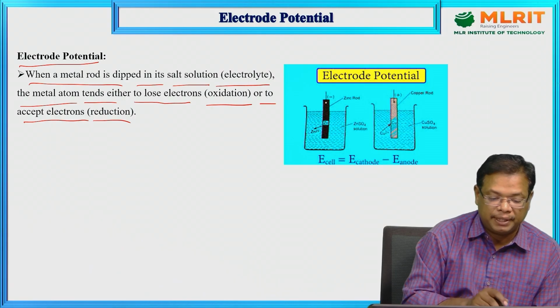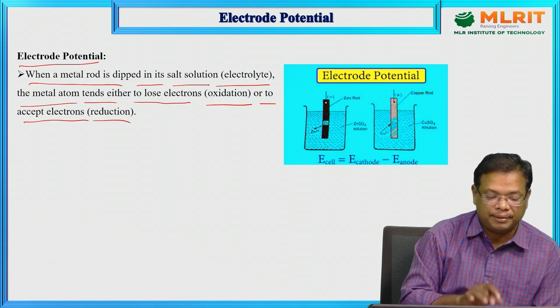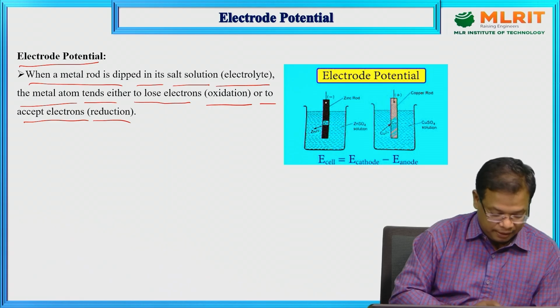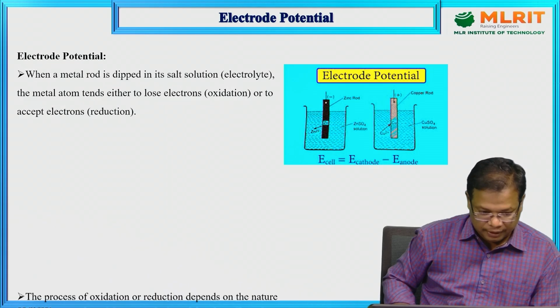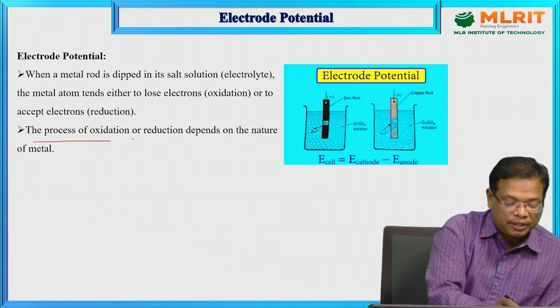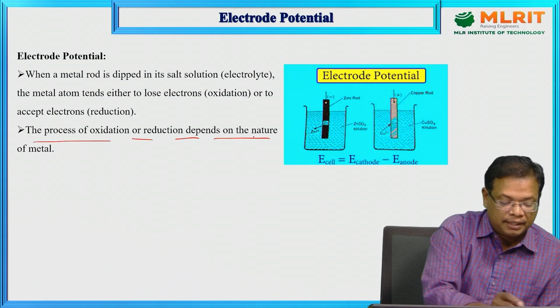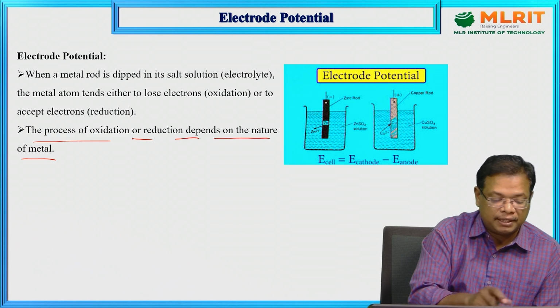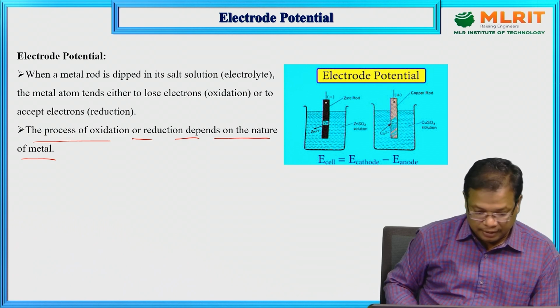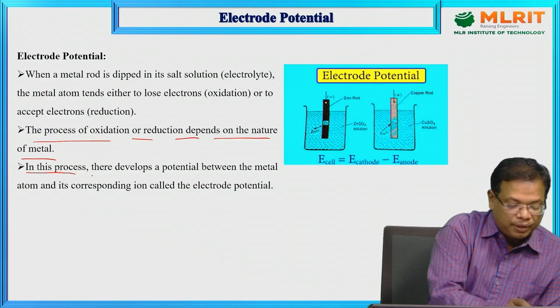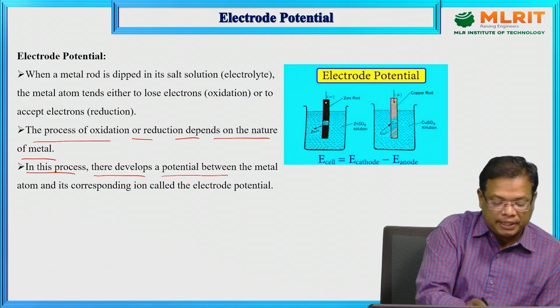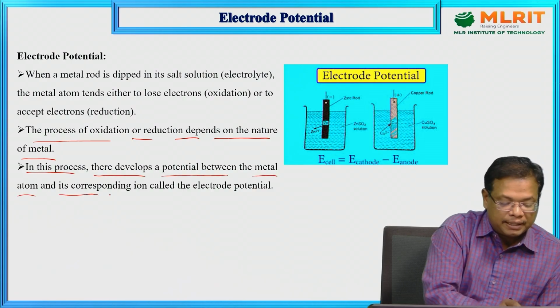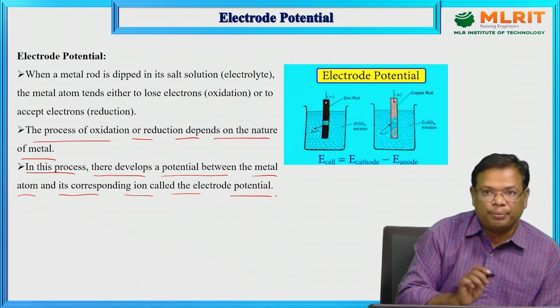The process of oxidation or reduction depends on the nature of the metal. In this process, a potential develops between the metal atom and its corresponding ion, called the electrode potential.